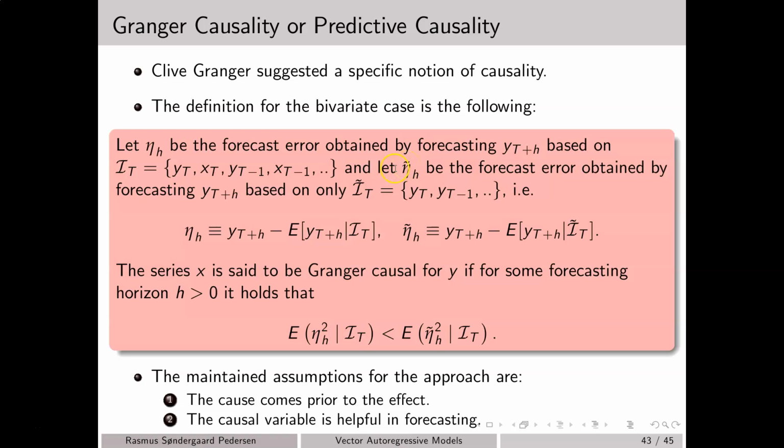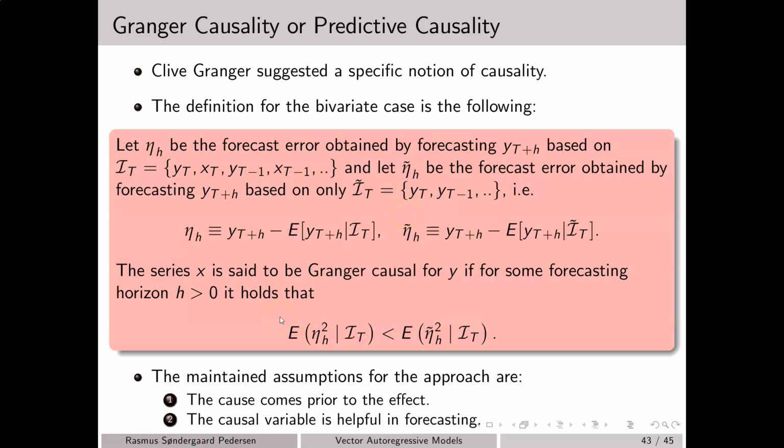By construction, eta h is the difference between yt plus h and its forecast based on both variables yt and xt until time t. And likewise, eta h tilde is the value of yt plus h less its forecast based on only the information set induced by the yt variable itself.